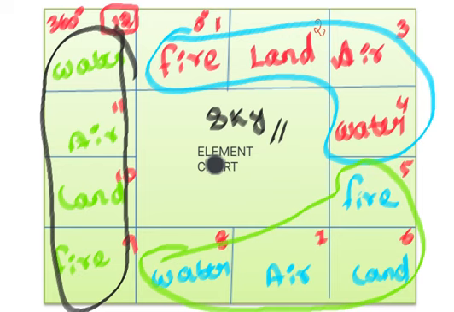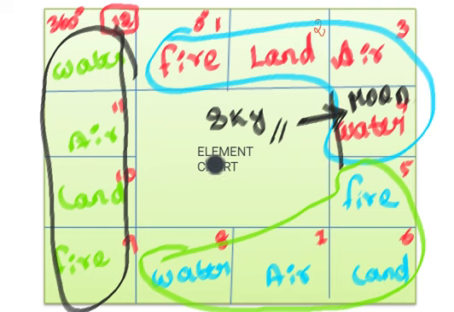This we have to see in future for analyzing any horoscope, which element belongs to which house, so that the house lord is known in the element view. For example, if some planet is present in water, in Cancer, like let us take the moon, then we can say this is a water element.